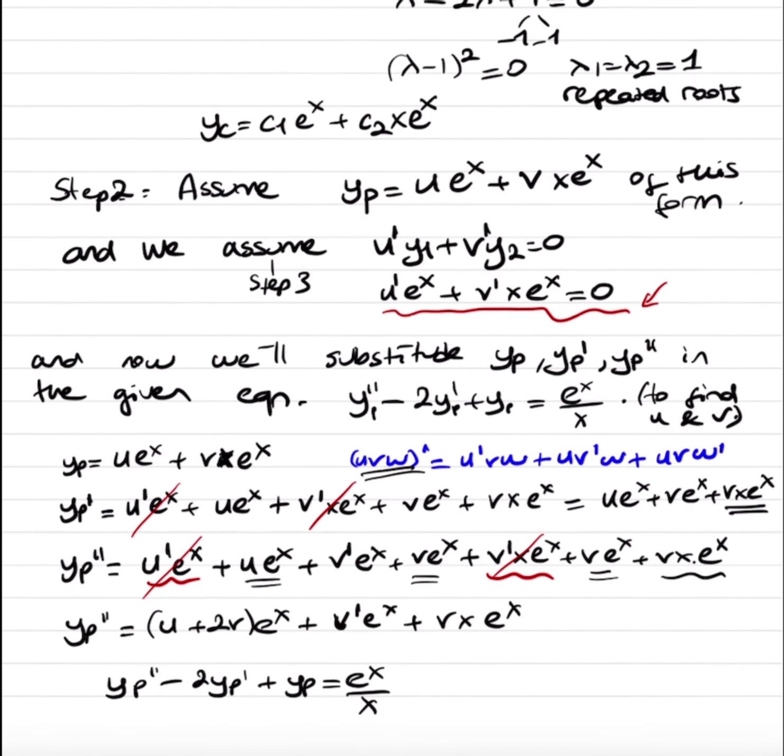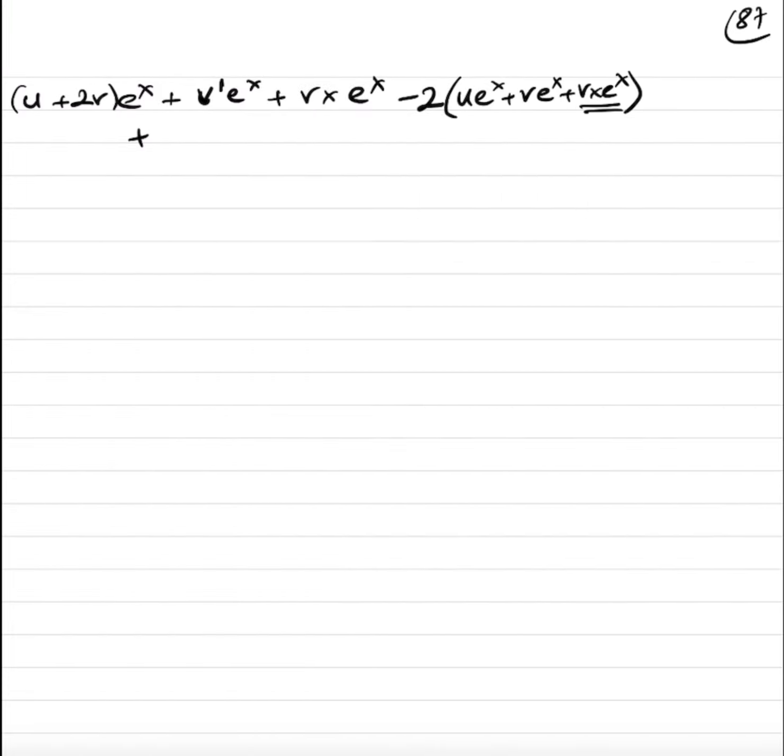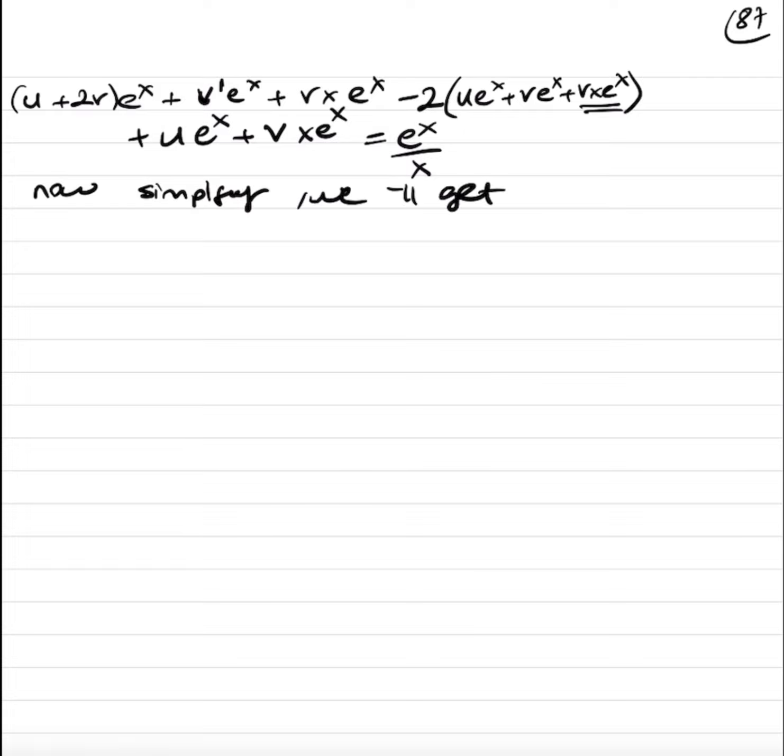So what was yp? u e to the power x plus v x e to the power x, so this is equal to e to the power x over x. Okay, now substitute. Now simplify.